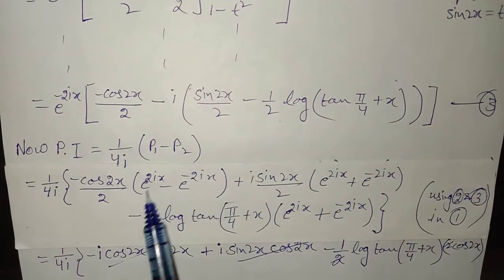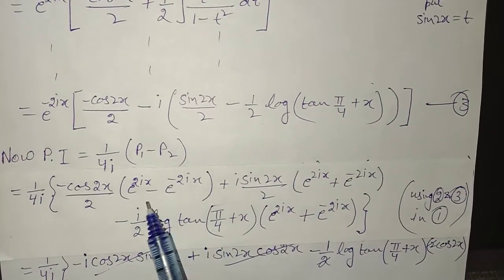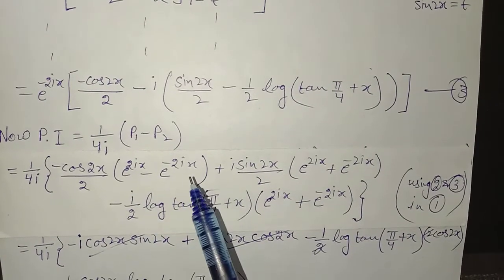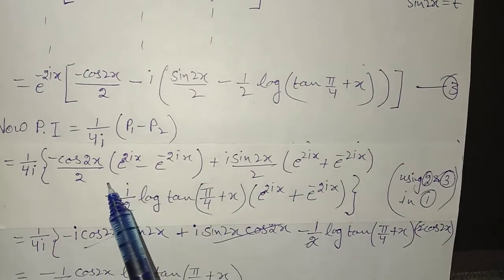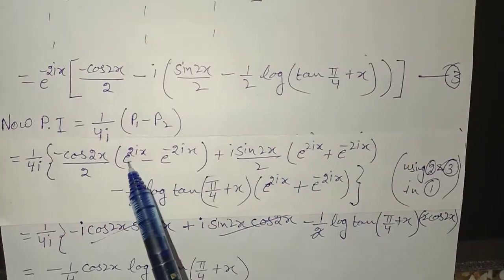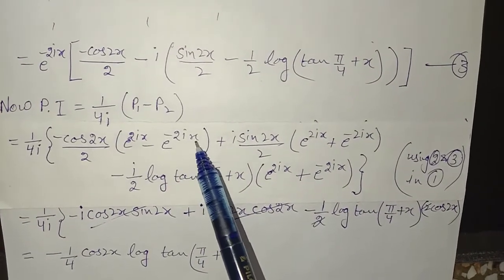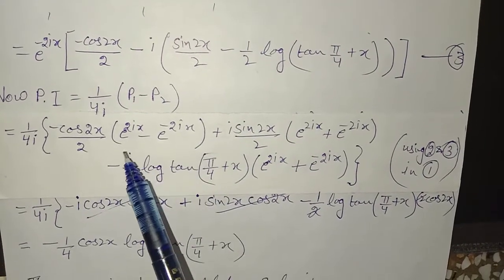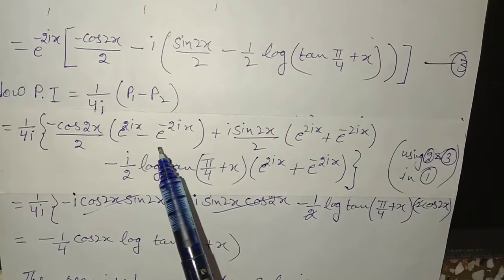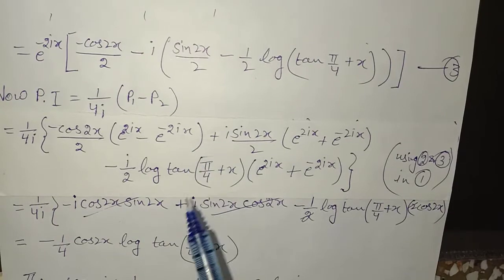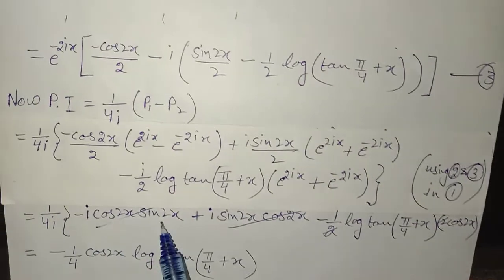You know that this is nothing but 2 sine 2x with iota, because this is cos 2x plus iota sine 2x, and this is cos 2x minus iota sine 2x. When we subtract these two, we are left with 2 iota sine 2x. So here I have written, 2 will be cancelled and iota is there, sine 2x.